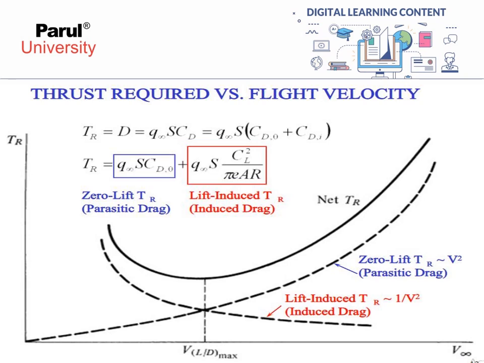The lift induced thrust required is inversely proportional to V squared, the induced drag, right? And the corresponding point of L by D maximum is called the velocity at L by D maximum, right? At maximum L by D, this is the corresponding velocity. Okay, right.